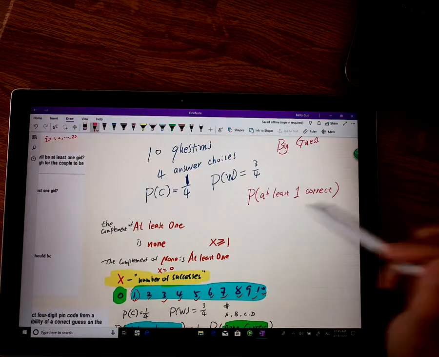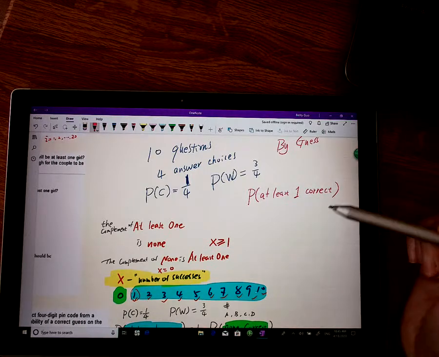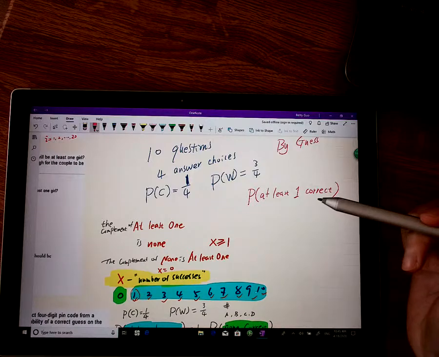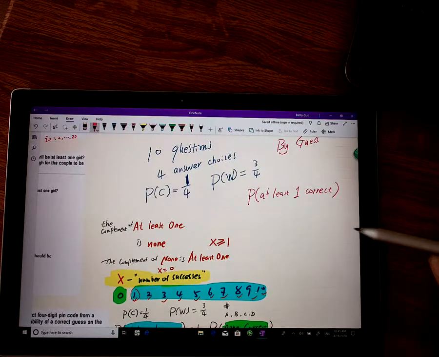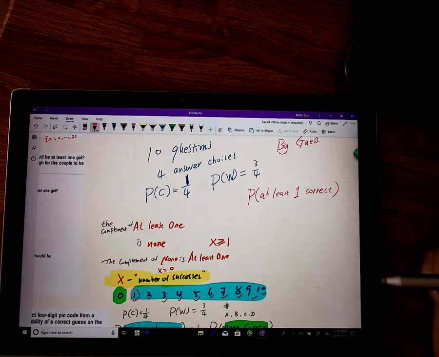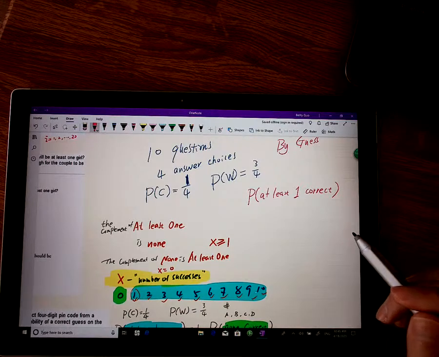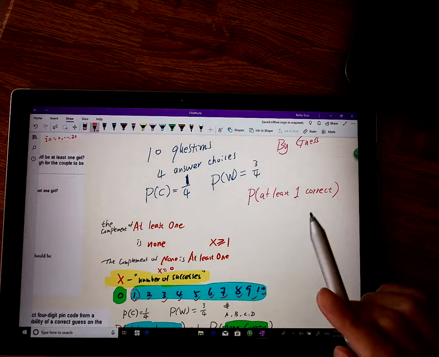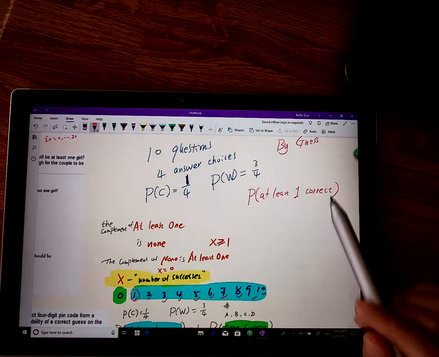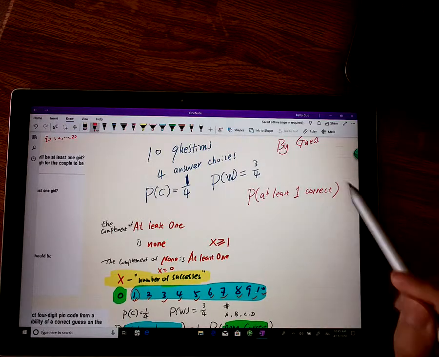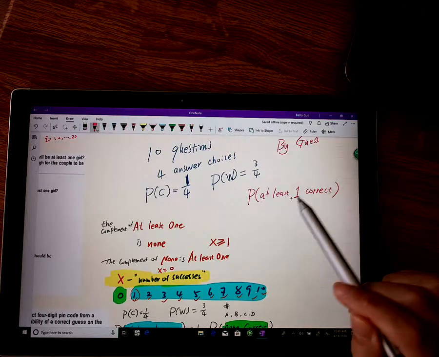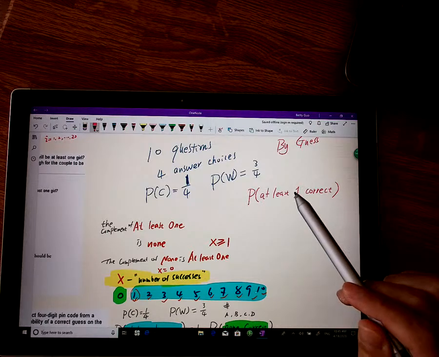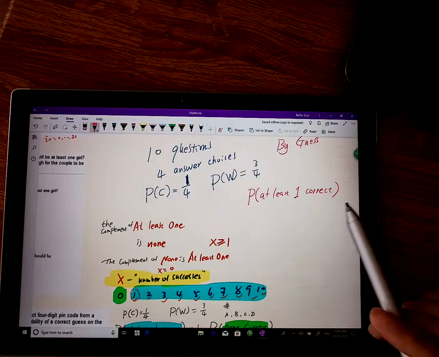Well, let's look at this event closer. Getting at least one correct includes getting exactly one correct, 9 wrong. And exactly one correct could be the first one, could be the second one, could be the last one. The result also includes you get exactly 2 correct.